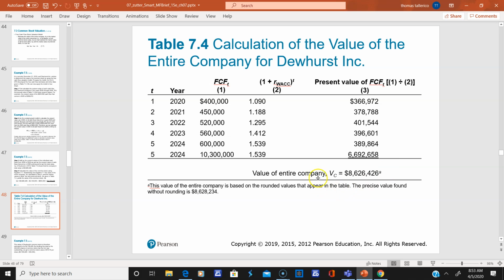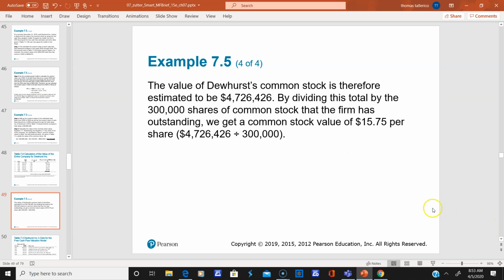So here's the value of the entire company when we include the debt and the preferred stock. So the value of Dewhurst common stock is therefore $4,726,426.